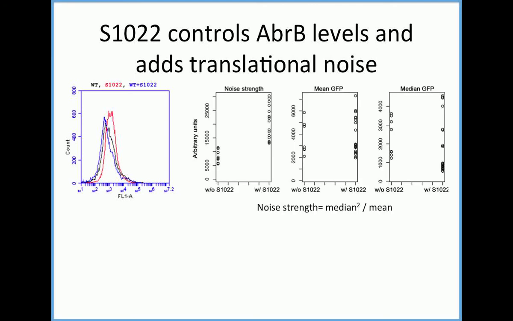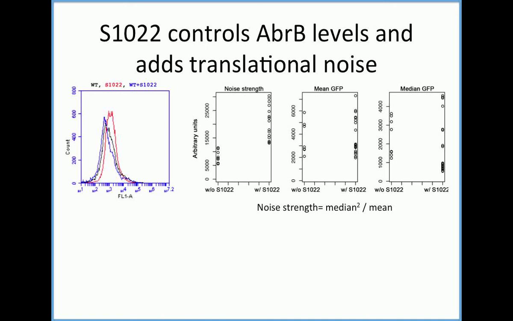So we can take advantage of this and calculate something called noise strength, where we take the median and square it, and then divide it by the mean. So as you can see on the left here, we have without S1022. As you can see, these spots are quite closely clustered to one another, suggesting that there is very little noise within the system.